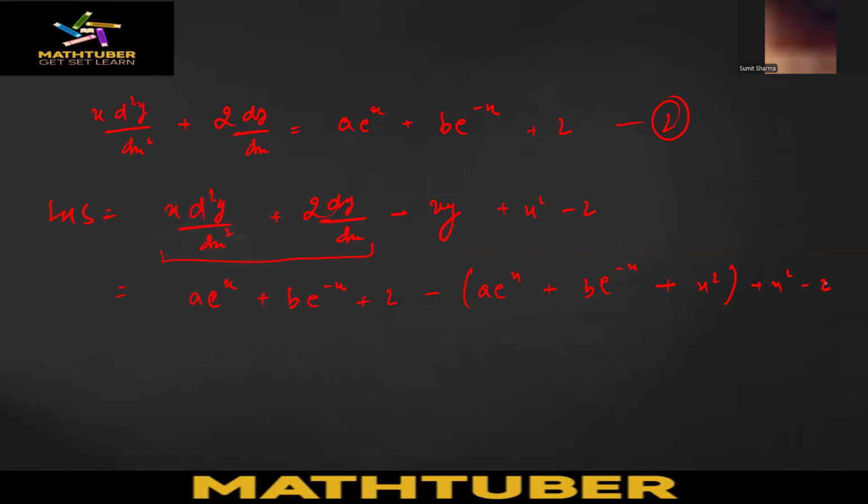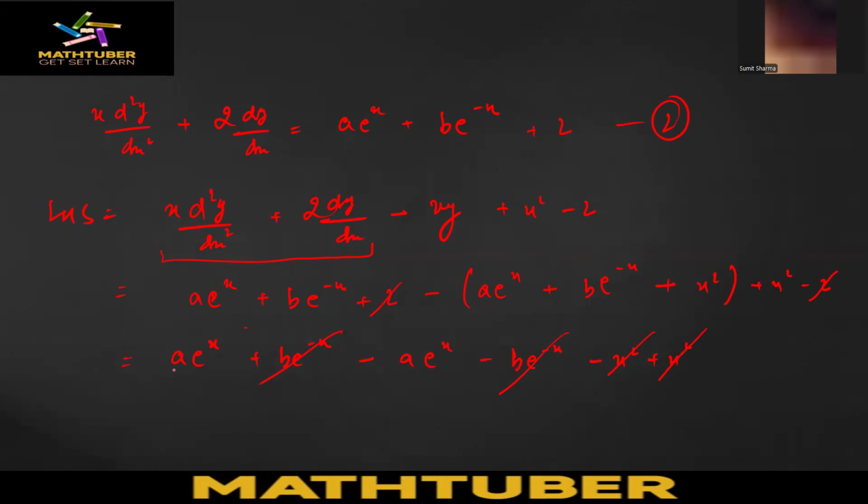Now opening the bracket here, you can first of all cancel these two: a e raised to power x plus b e raised to power minus x minus a e raised to power x minus b e raised to power minus x, plus x square minus x square.